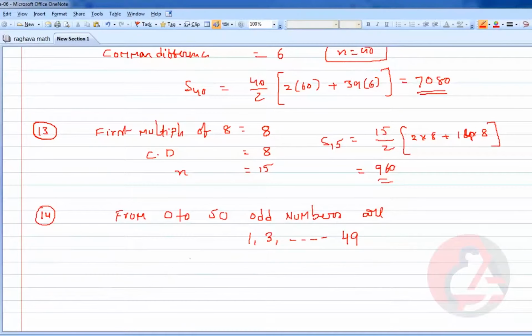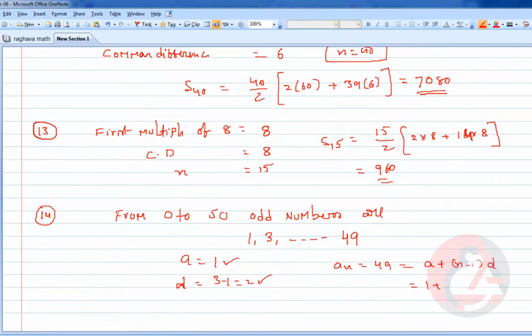Then what is the common difference here? I got only two data. a is equal to 1. d is 3 minus 1, which is 2. I want the n value. He's asking the sum of all the odd numbers from 0 to 50. So an is equal to 49. To find n, an = a + (n minus 1) into d.